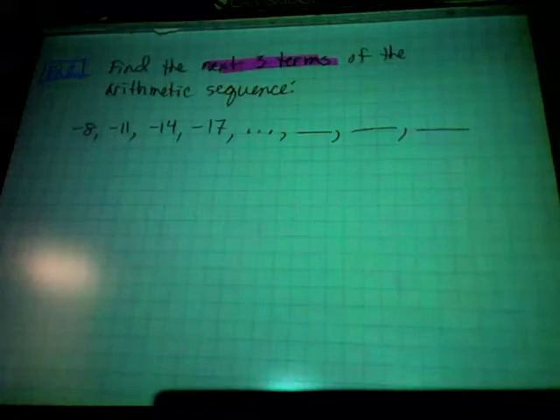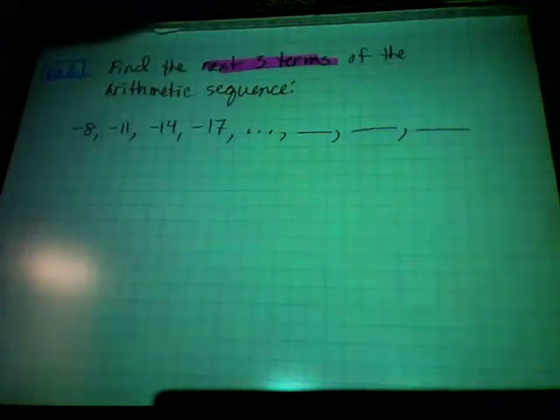So you figure out what is the common difference, and then what the next 3 terms are. Share those answers with those around you.